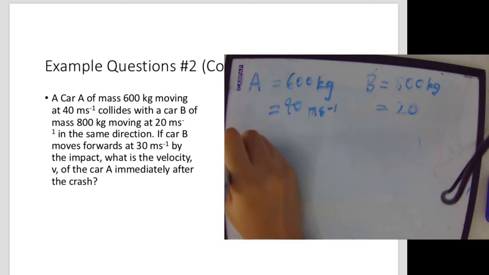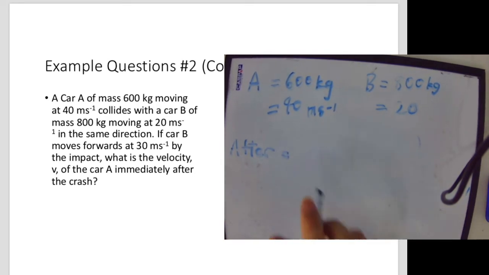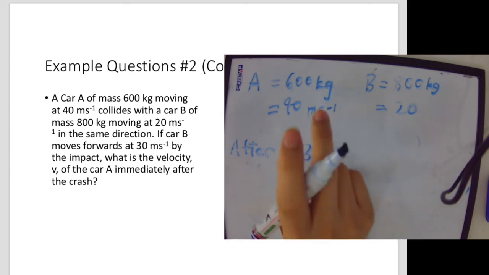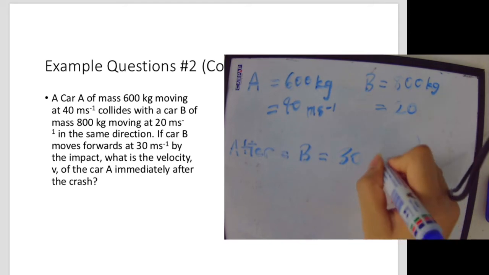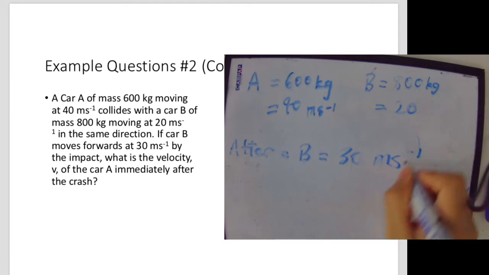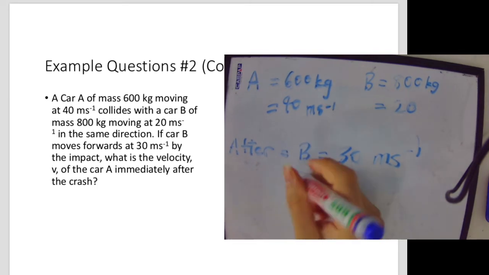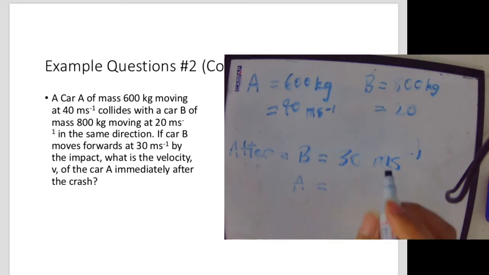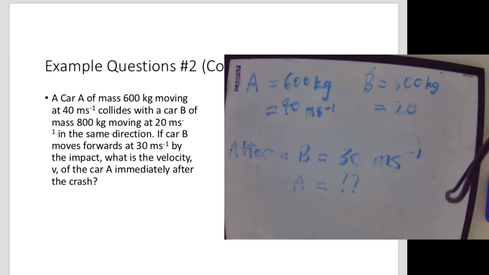After the collision, it says that B is moving at 30. So B has increased from 20 to 30. Now what it's asking is, what about A? How fast is A moving? So that's what the question is asking.